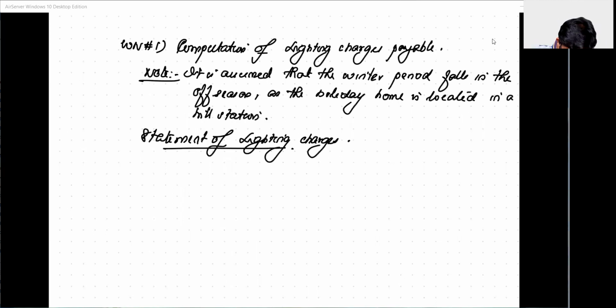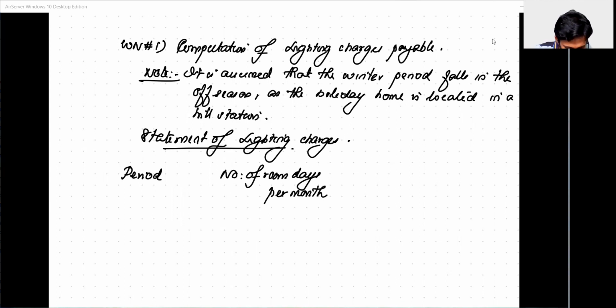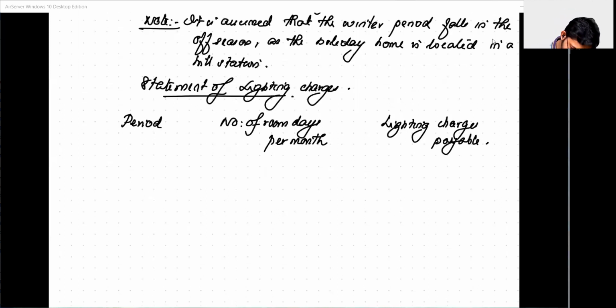Okay. Now we read number of room days per month, lighting charges payable. Period, seasonal period of 6 months.